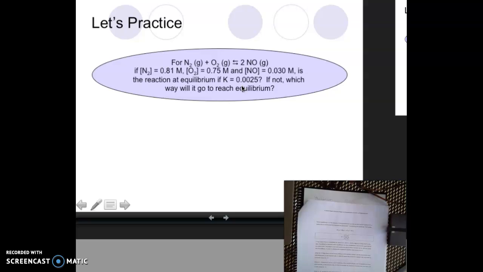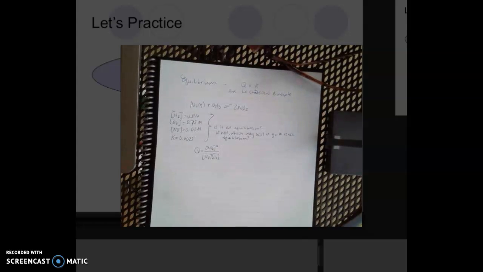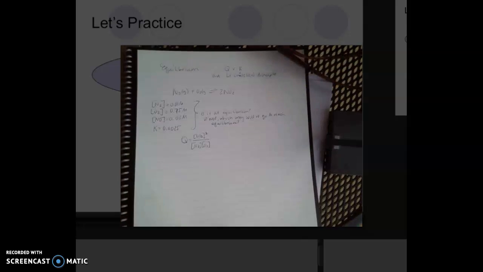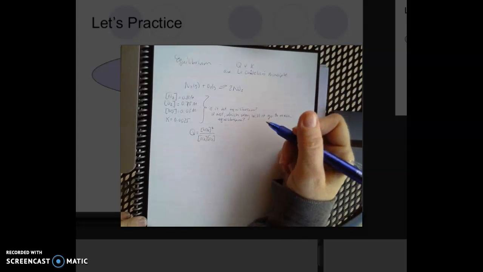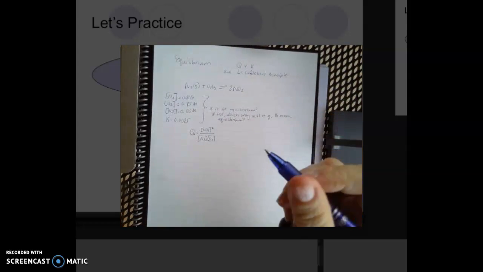If it is not at equilibrium, which way will it go in order to reach equilibrium? I've written it out for us here. You can pause the video and try it yourself. Plug in your values, solve for Q, compare it to K, and make a prediction.